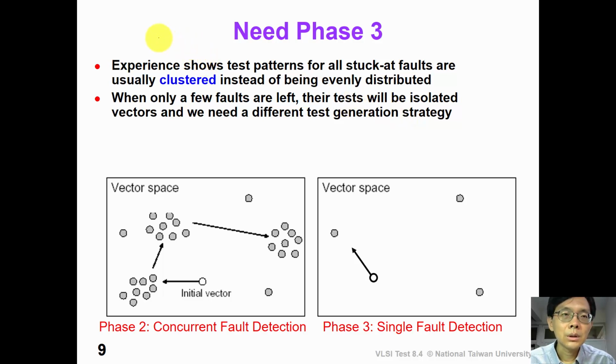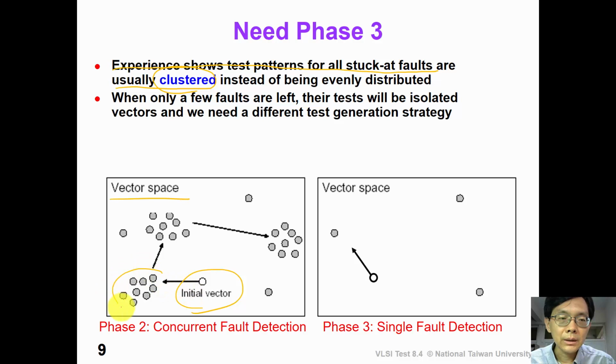Now, we will show the need for a third phase in context. Experience shows that test patterns for all stuck at faults are usually clustered instead of evenly distributed. So, in the test vector space, suppose we have this initial vector.